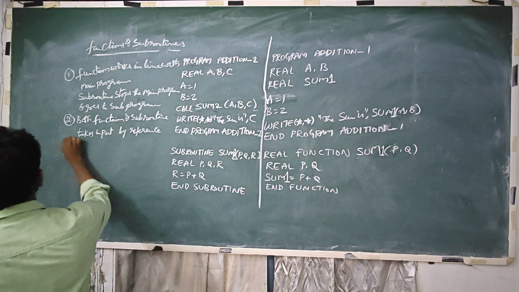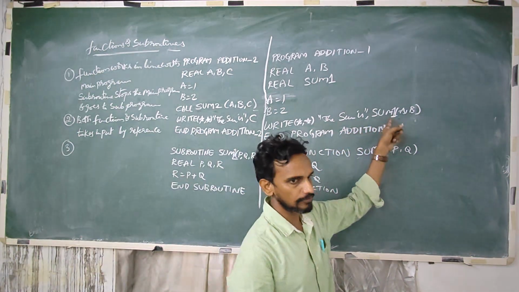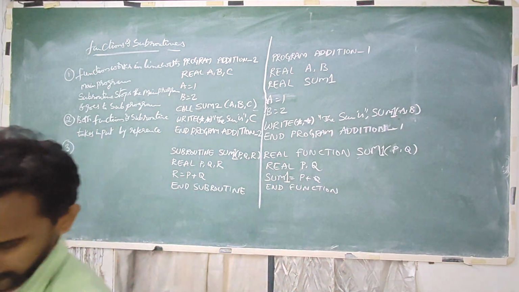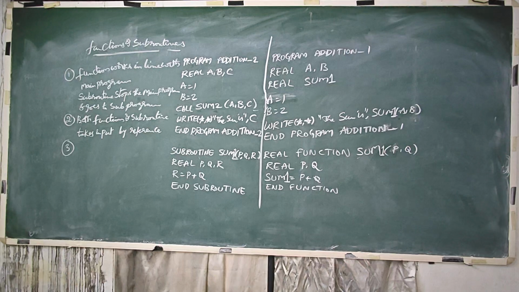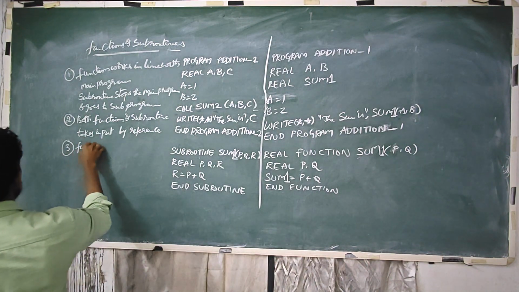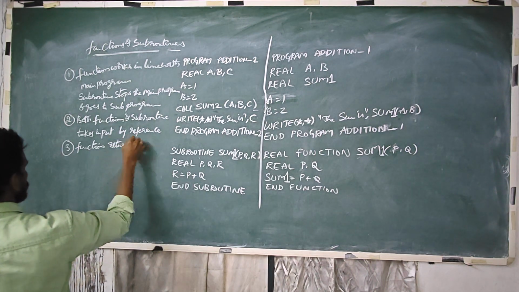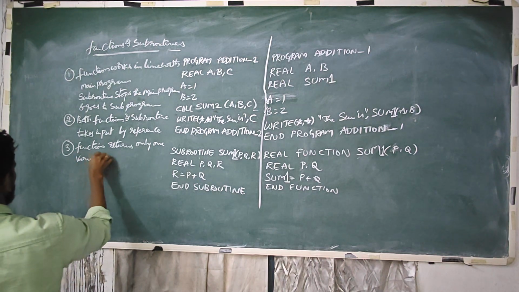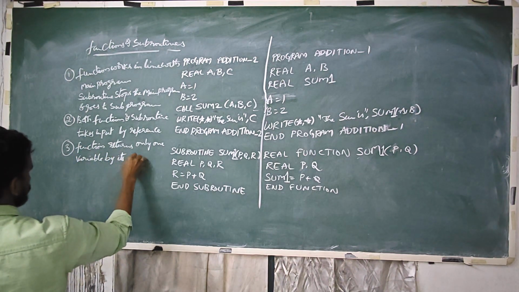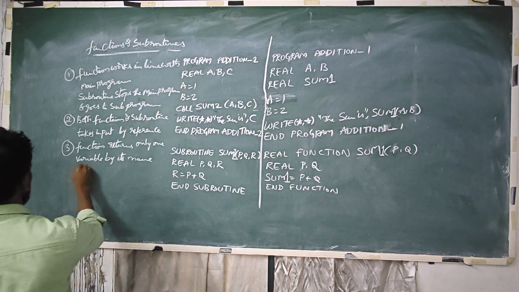And for function, only one variable can be written by name. Function returns only one variable by its name, whereas subroutine returns any number of variables by reference.